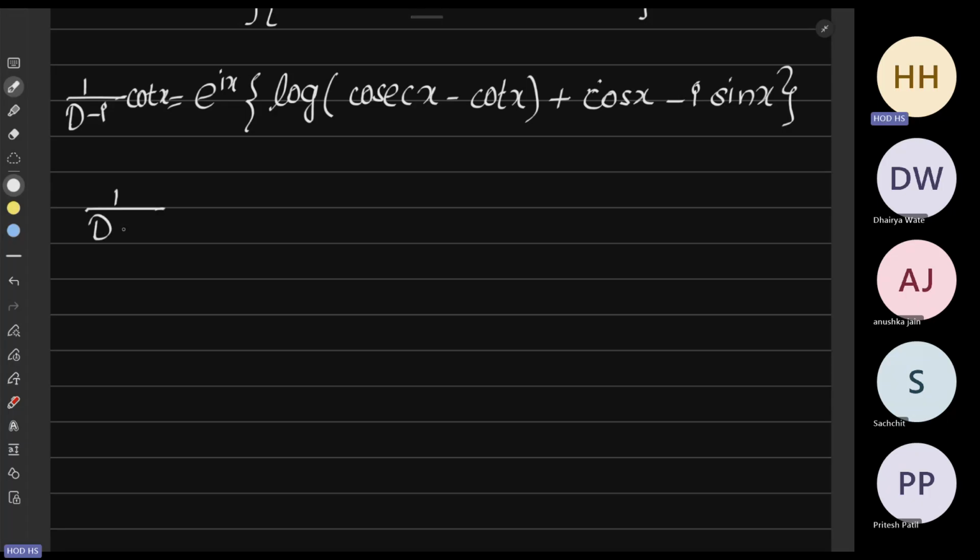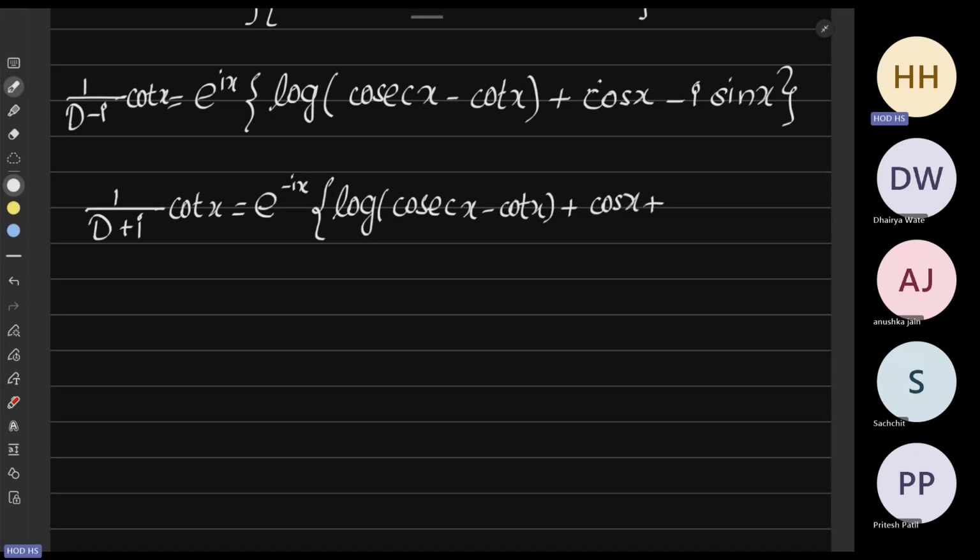Similarly, we can rewrite 1 upon D plus i of cot x by replacing every i by minus i. So here it will be e to the power minus ix times log of cosec x minus cot x plus cos x. There is no i there, but here is i, so I need to revert the sign.